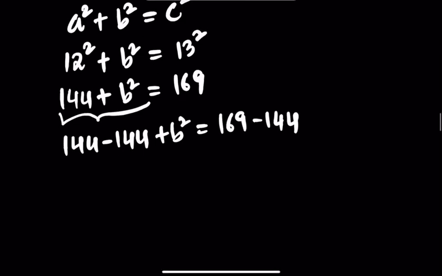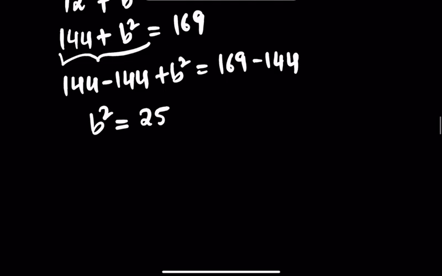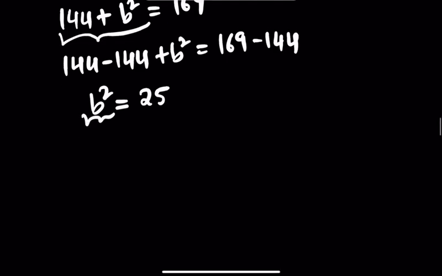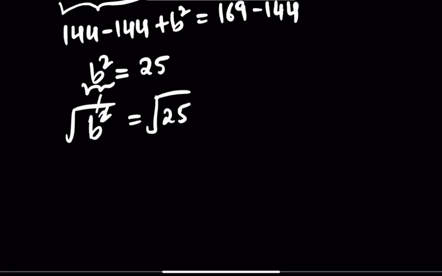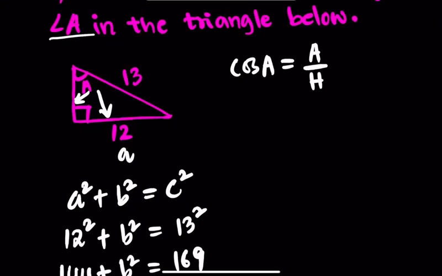Now 144 minus 144 is 0, so B square equals 25. We want to remove this exponent of 2, so put a square root on both sides. The square root of B square equals the square root of 25, so B equals 5. So the length of the adjacent side is 5.